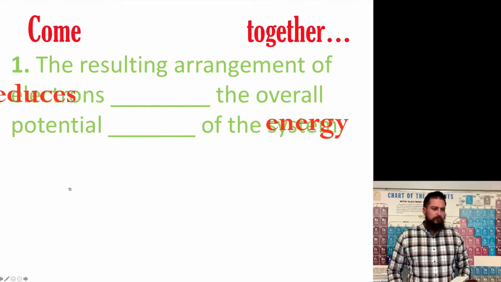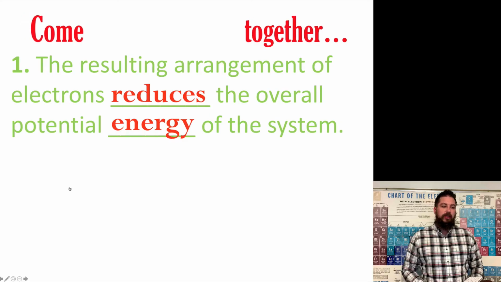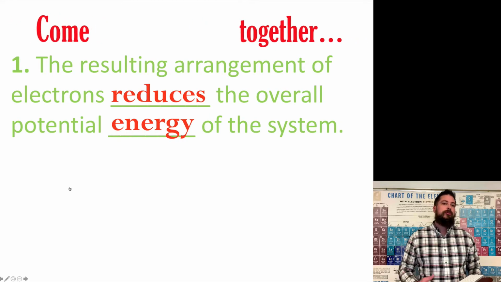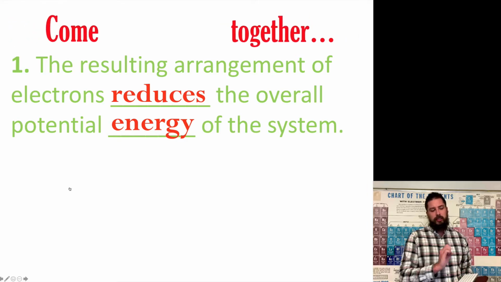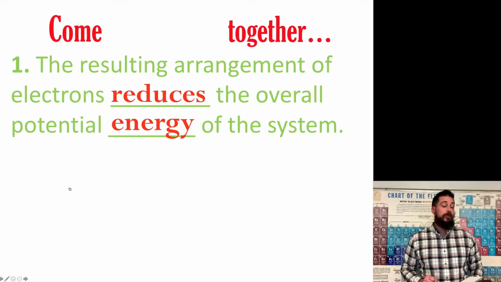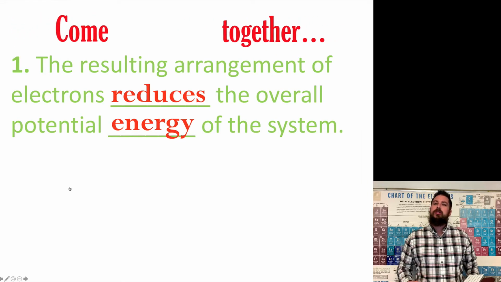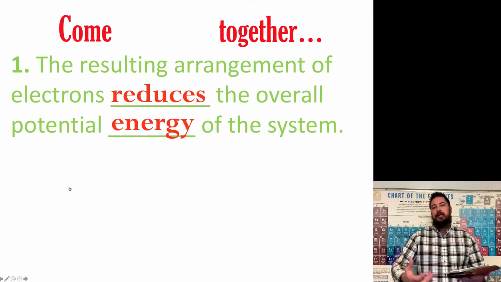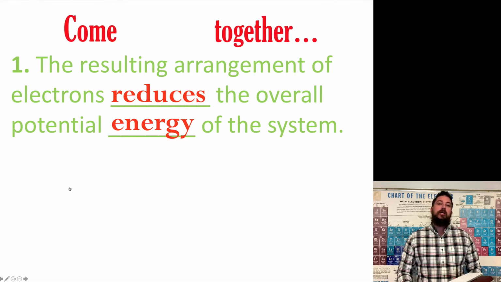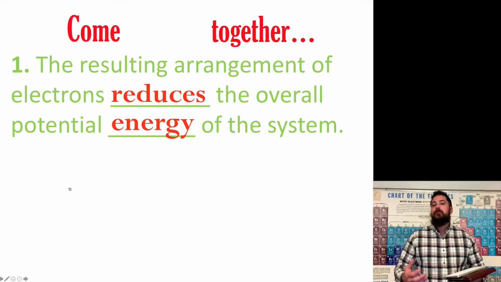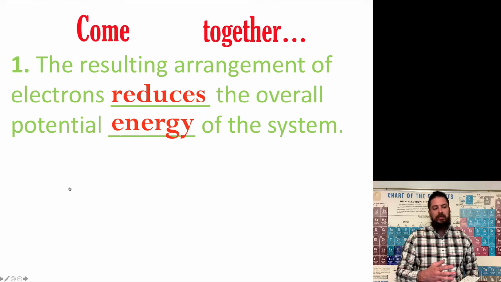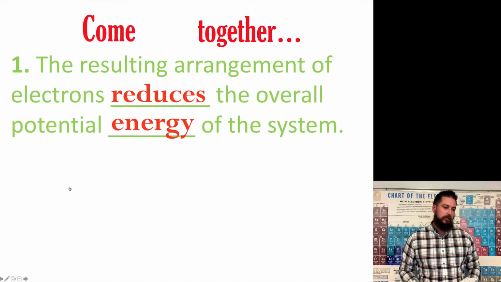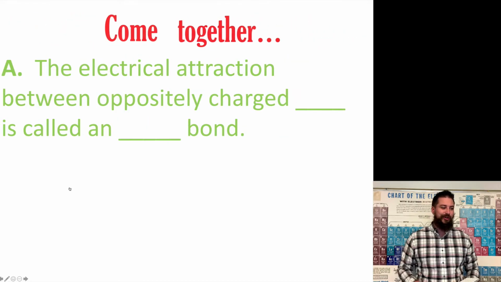The resulting arrangement of electrons does reduce the overall energy of the system, and we'll come back to that later when we talk about bond energies. Essentially, when 2 atoms come together and form a bond, the overall energy of both of them is reduced. Again, that concept we'll really talk about later on.